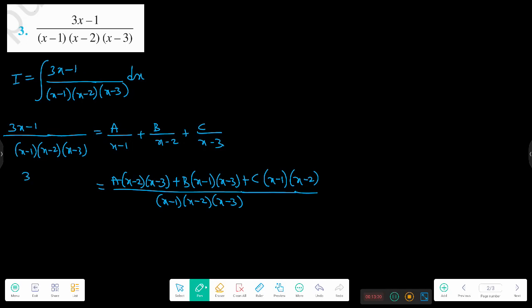And the left hand side, whatever we have, write as it is, and it will cancel the denominator. Now on both sides, both denominators will cancel.